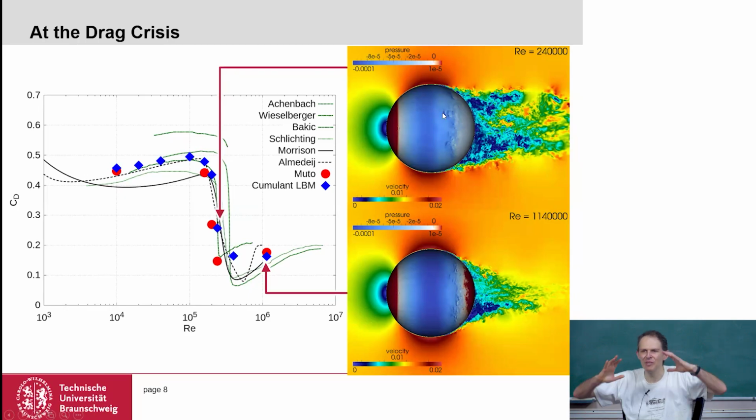And what you see is you actually had this form drag because you have this big wake that is actually sucking on your body, but now your body became narrower because the wake is now completely covered by the body. And this is why you have this smaller drag here.